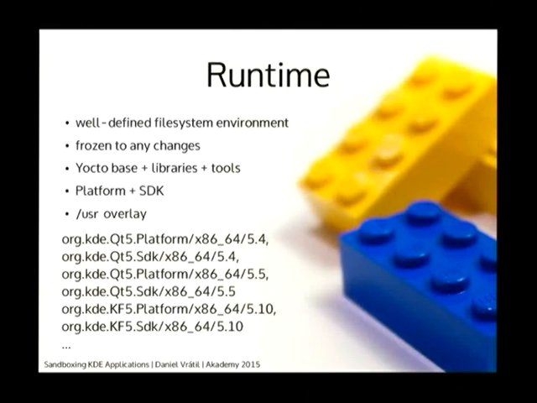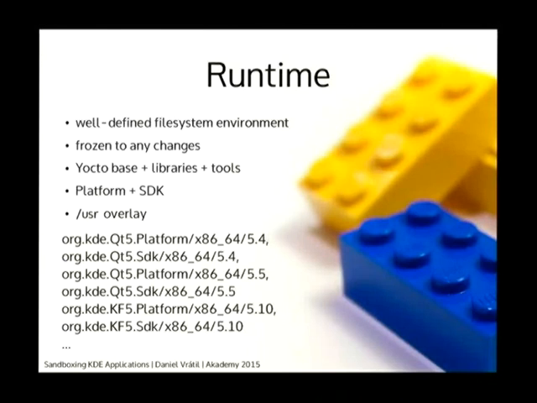The idea is that they define some set of libraries and versions that work together, and it is aimed mostly at embedded developers so that they know what is the stable base for their embedded Linux systems. So we use it as well because it's cool. If you maintain a runtime, you don't want to take care of all the system libraries. So the Yocto upstream takes care of that, and we just pull it in and build it.